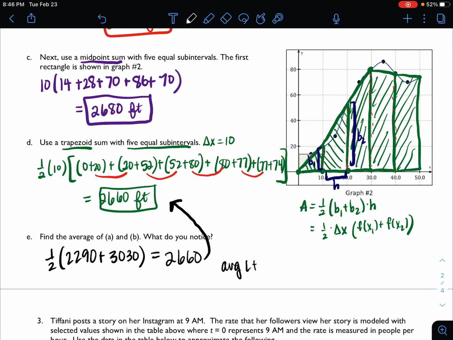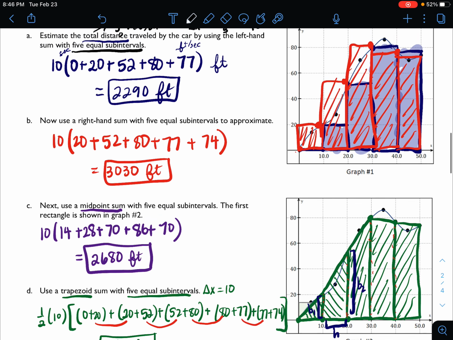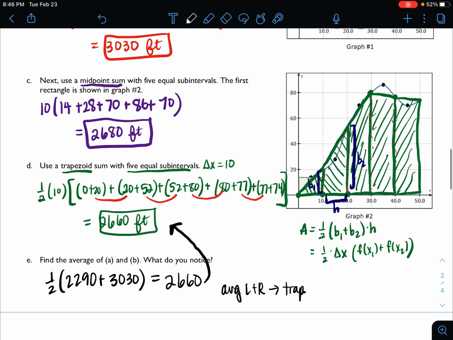So the average of the left and right will give you the trapezoidal sum. A lot of people think it will be the midpoint, but again, the midpoint is not the average of the y values on the interval. It goes at the middle of the x values and then whatever the height is there. So if you've already found your left and your right sums and you want to find trapezoid, you can just take the average.